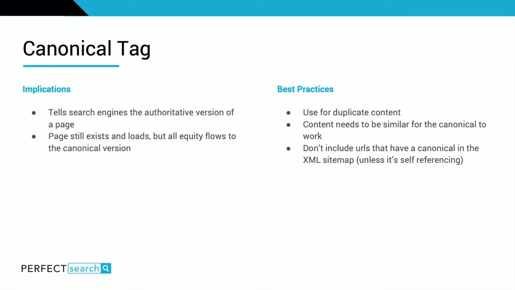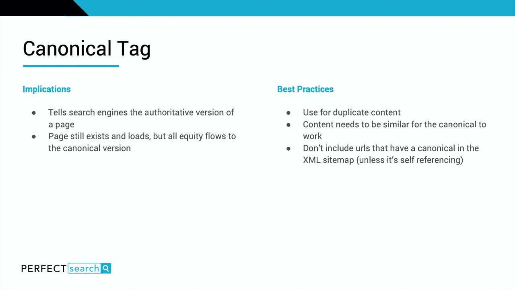But essentially, it's all the same content, right? It's just filtering the shirts in different ways. But even though it's creating different URLs, the most authoritative version of that page is still store.com/shirts.